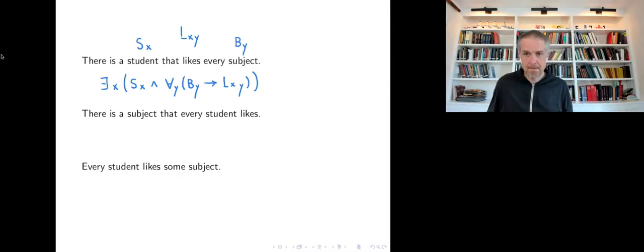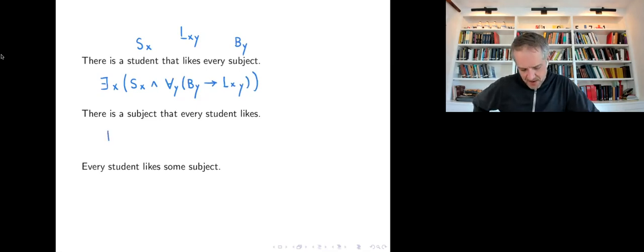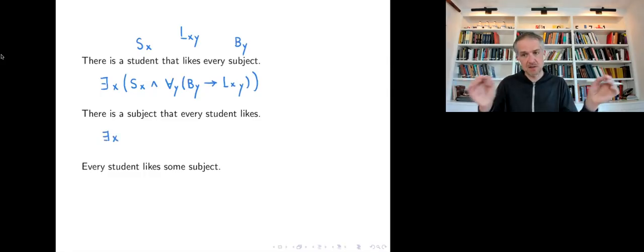Now let's try the second one. There is a subject that every student likes. Notice the variables X and Y aren't attached to students and subjects. Those are free floaters. We can use those in connection with whatever predicate we want. The important thing is, do we match them up the right way throughout the sentence?